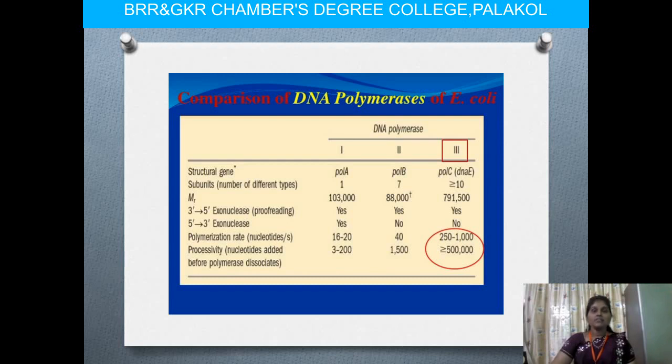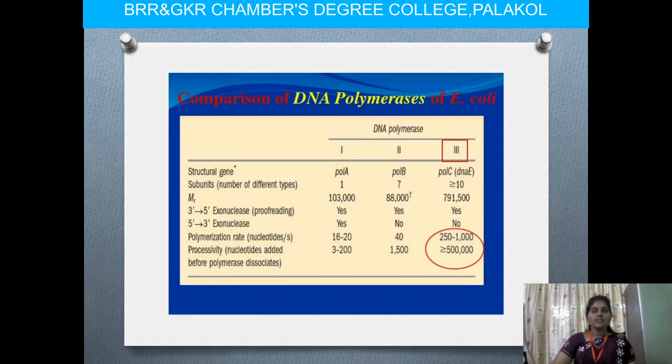In the structural genes we have polymerase A, polymerase B, and polymerase C, with different subunits. Polymerase A has only one subunit, polymerase B has 7 subunits, and polymerase C has 10 or more subunits.